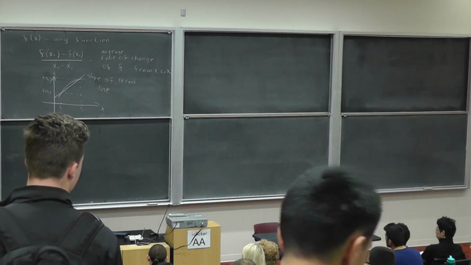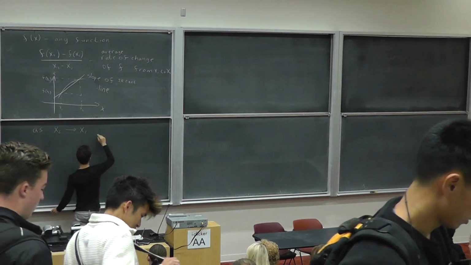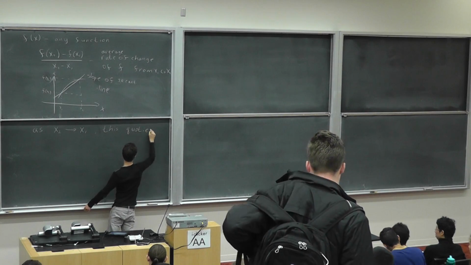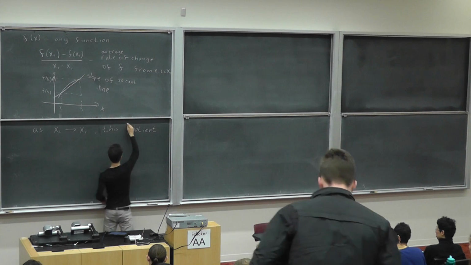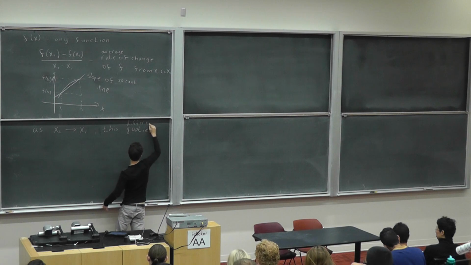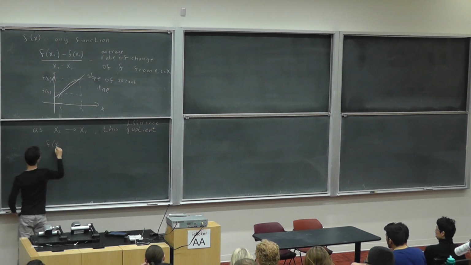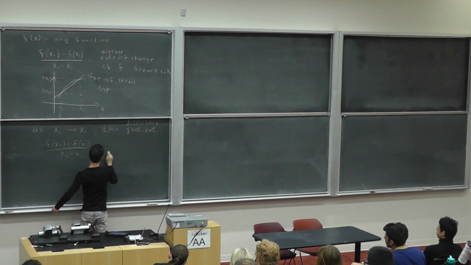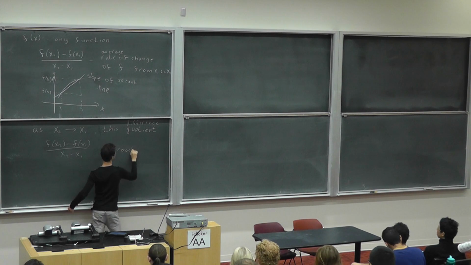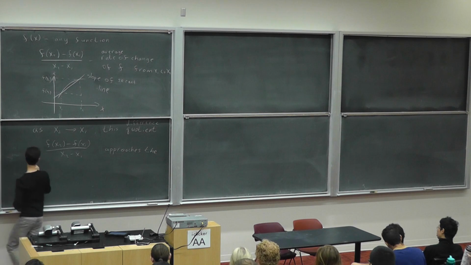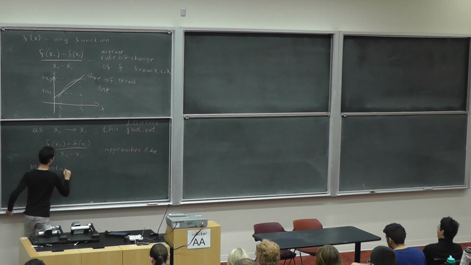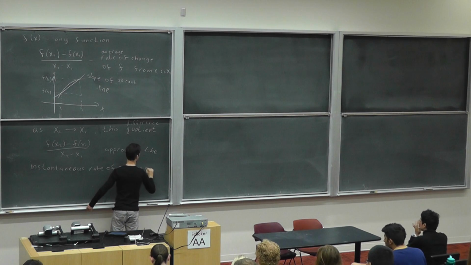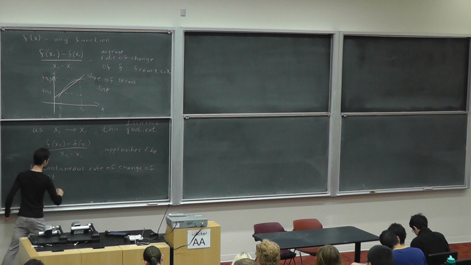So as x2 gets closer to x1, this quotient, which we call the difference quotient, f of x2 minus f of x1 divided by x2 minus x1, approaches the instantaneous rate of change of f at x1.